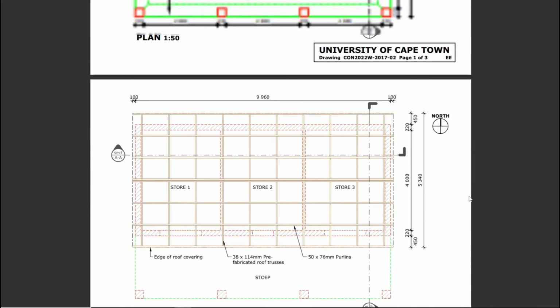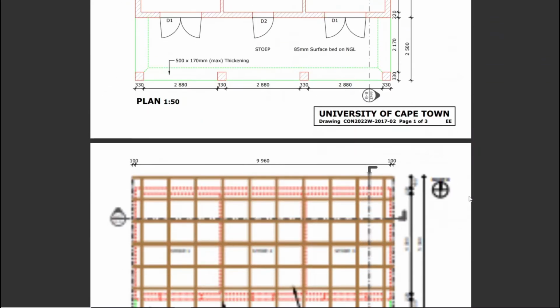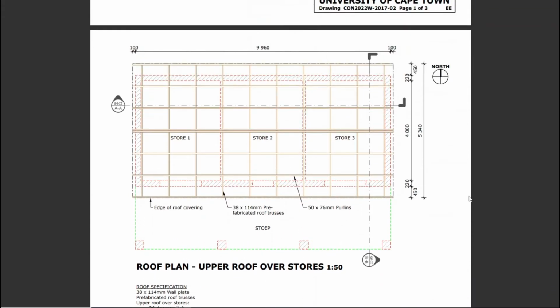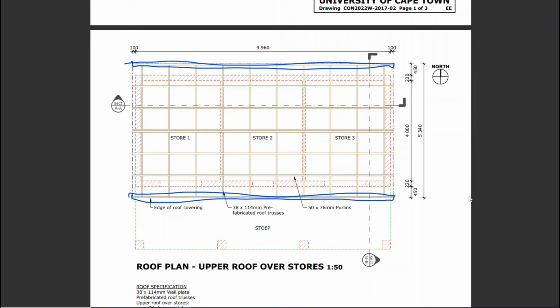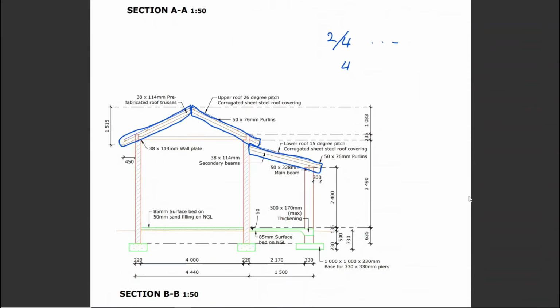Let's find a plan view. We'll take this one. So your fascia boards for a double pitch run like this. And actually, I have to correct myself. The mono pitch also has fascia boards on both sides. It's just that in this example, the mono pitch is connected, so you don't put your fascia board there because you can't.